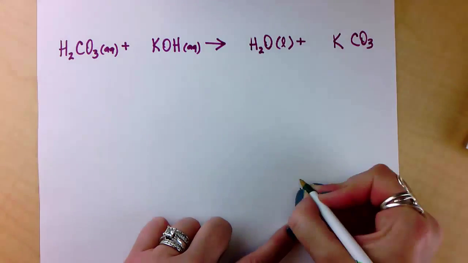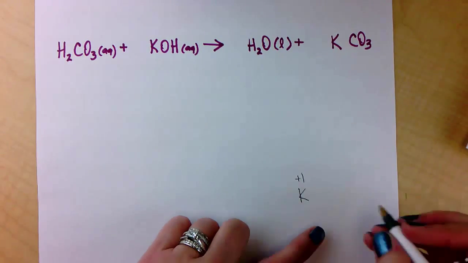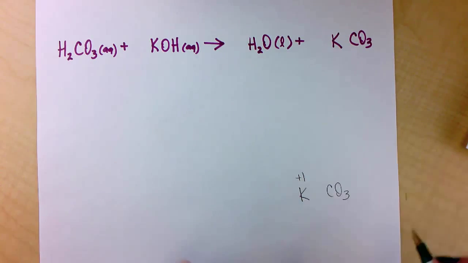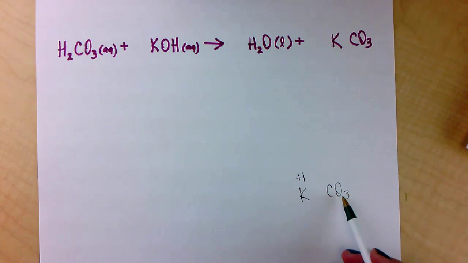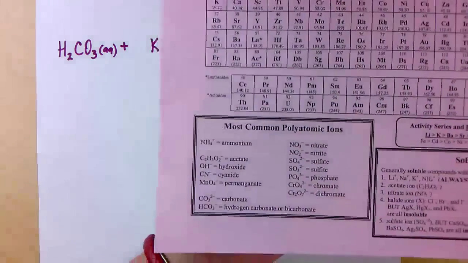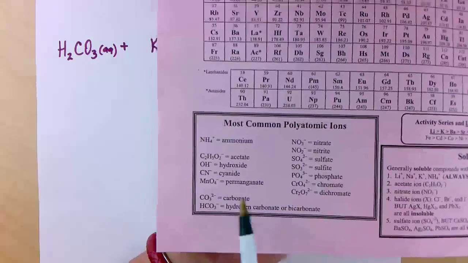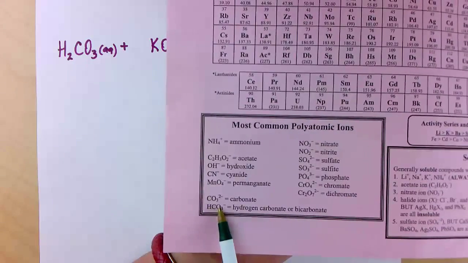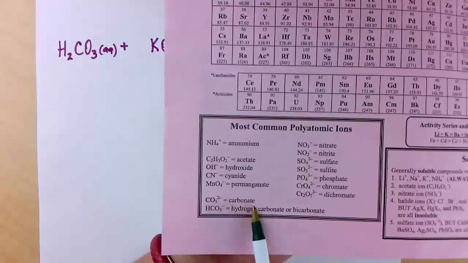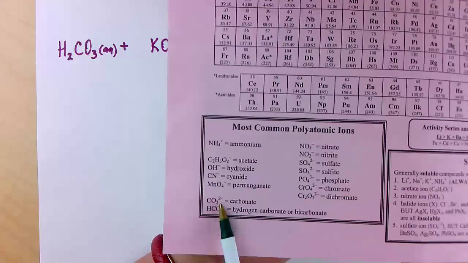You are correct if you said +1. What about CO3? Now that contains more than one nonmetal because we have a C and we have O. That is a polyatomic group. Polyatomics are listed in the bottom of the Chem 130 table. We can see that CO3 is called carbonate and it has a -2 charge.